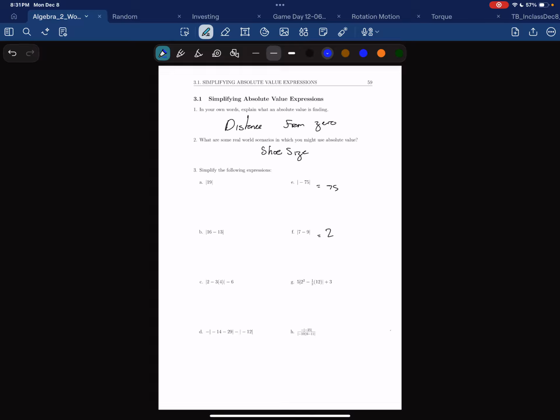All right, now let's talk about simplifying expressions. What's the absolute value of 19? This is just 19. The absolute value of 16 minus 13.